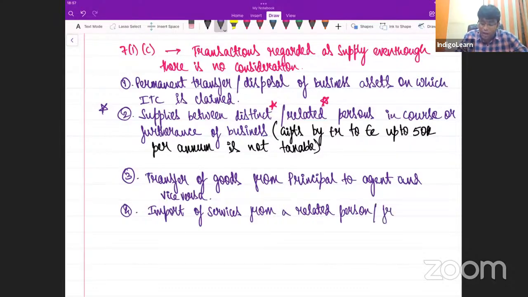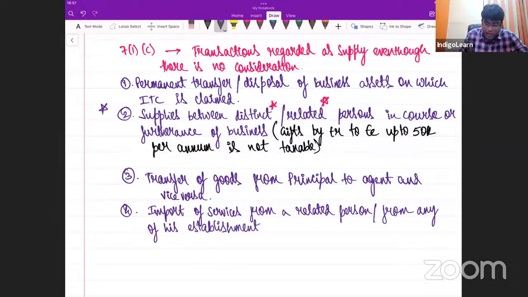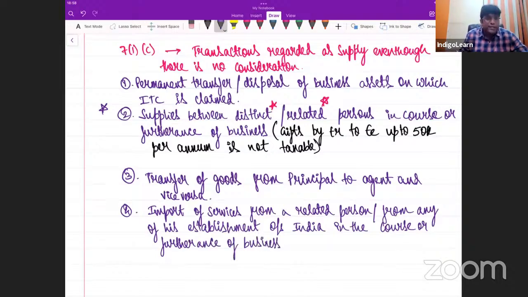Related person or from any of his establishment outside India in the course or furtherance of business. So if you observe the second point and fourth point very clearly, it is given that it should be in the course or furtherance of business. If it is not in the course or furtherance of business, it is definitely not regarded as supply.